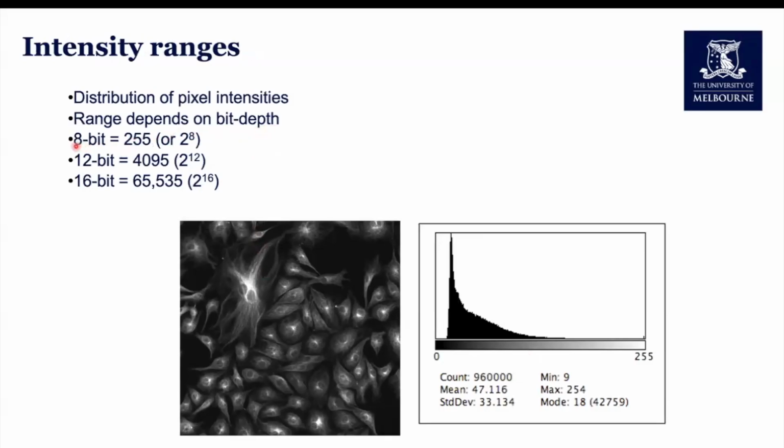So here we've got an 8-bit image, that's 2 to the power of 8, so that gives you 256 grayscale values from 0 out to 255. If you had a 12-bit image, that would go up to 4,095 grayscale values. 16-bit goes up to 65,000 grayscale values. So what we're using very often, as I mentioned, was the intensity within the image to define this is my signal versus this is the background.